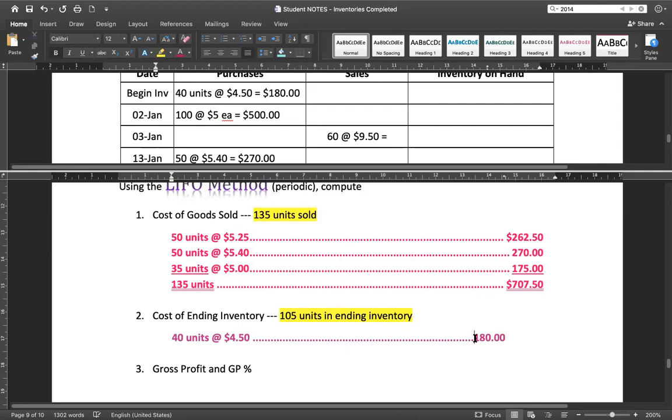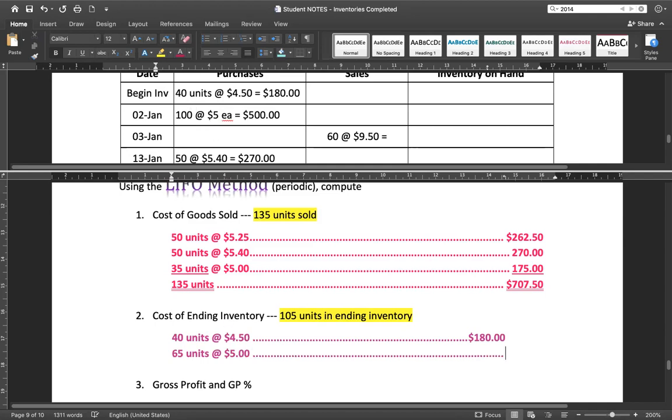And then we have, well, how many units do we need? We need 65 more units to get to 105. So 105 minus 40 gives us 65 units. And those 65 units are going to be priced at the $5 price. So we have 65 units at $5. All right, so recall that of this 100 units, 35 will be part of the cost of goods sold, and 65 will be part of the ending inventory.